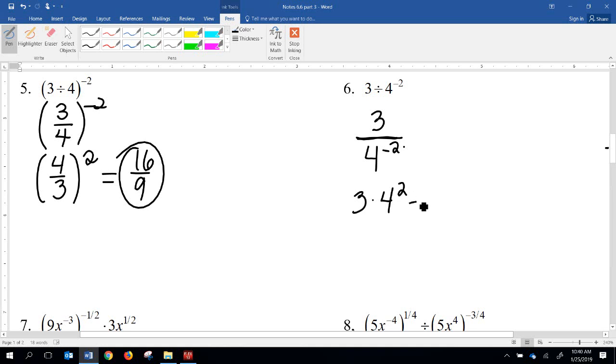And so then what's the answer going to be? 48. Now, just so I'm saying, don't you have to do 4 to the negative 2 first? Well, look at this. If I do 3 divided by, what is 4 to the negative 2? 1/16. What do I do if I'm dividing? I have to multiply by the, wouldn't that be the same thing then? See what I'm saying? Okay, good.